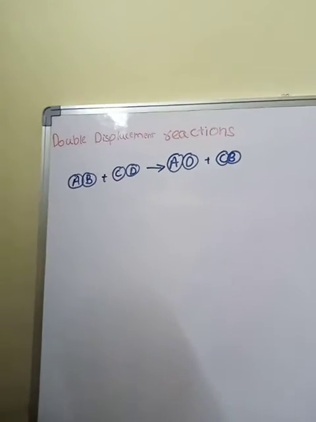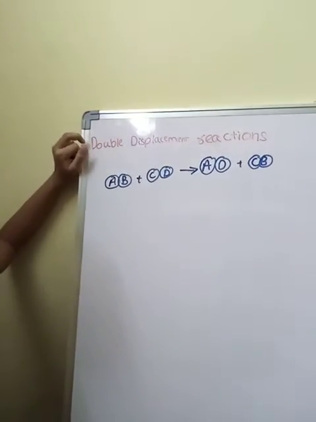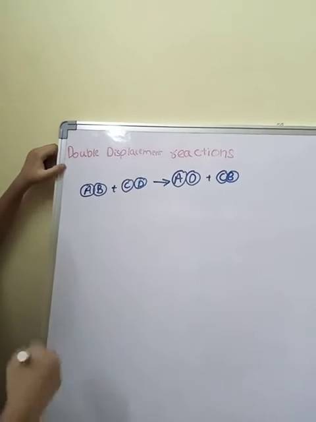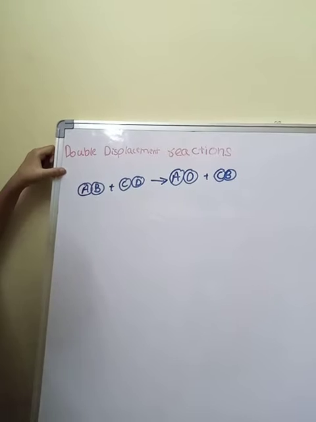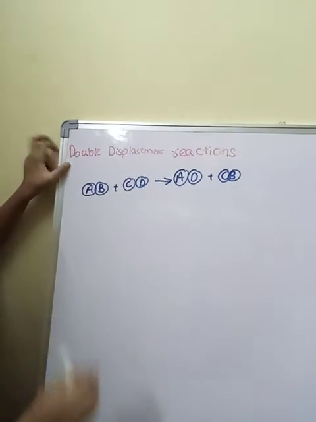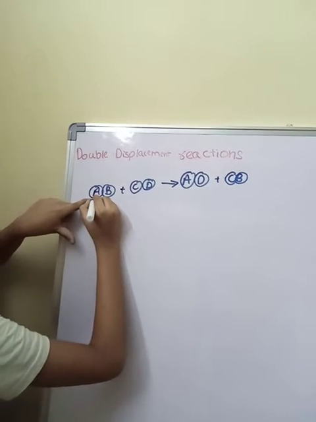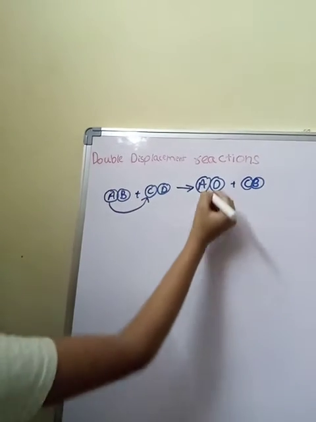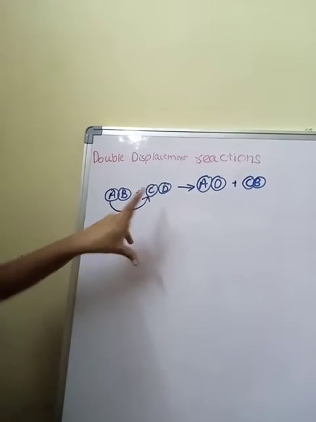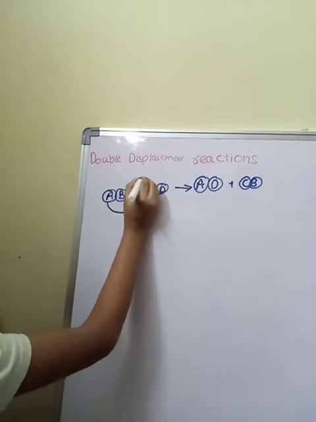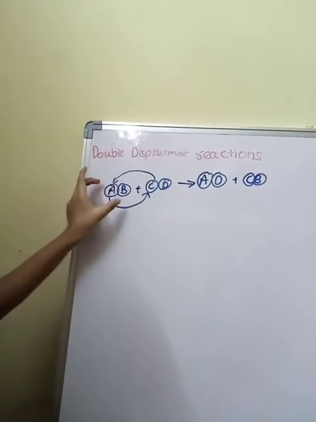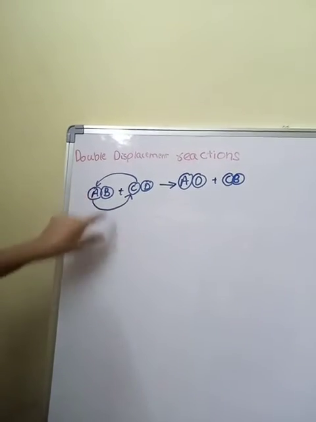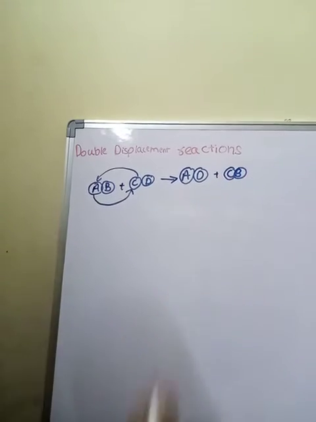See, here what happens: at first I told you that a more reactive metal element displaces a less reactive element. The same thing takes place. This A displaces C from CD and forms AD. And this C takes A's place and forms CB.